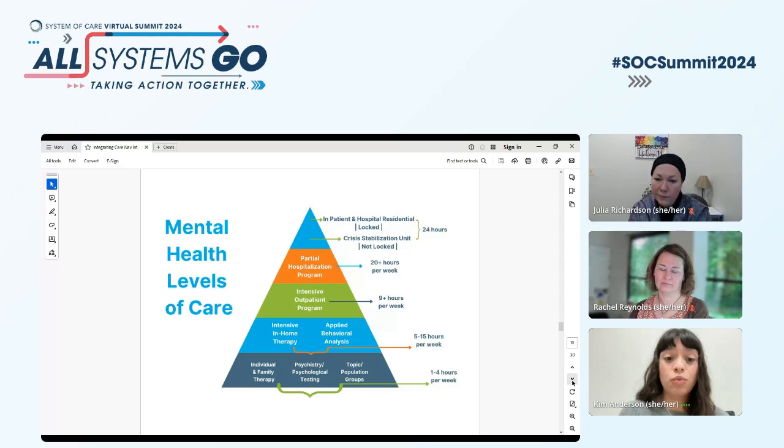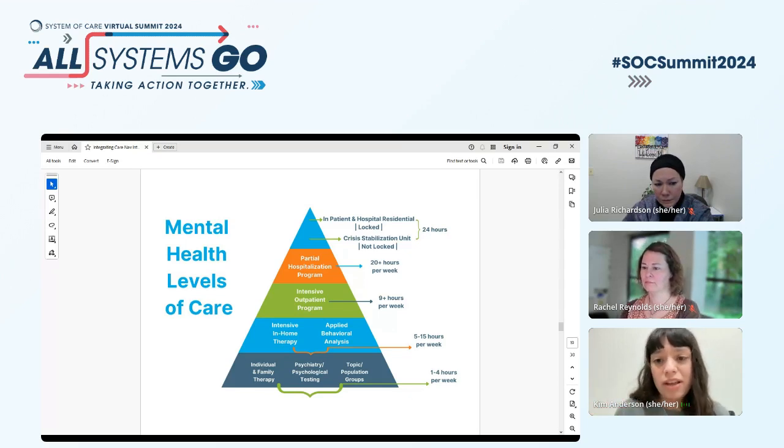Another thing is that as we have these levels, each state and locality has different requirements for care. So for example, intensive in-home in the state of Virginia, you have to be at risk of being displaced. What does that mean? That can mean many different things. But if I'm talking to a family and they need intensive in-home, it's my role as a care navigator to make sure that they're able to adequately communicate that to the intake coordinator when they call, because sometimes they'll call and get an assessment, and someone says, oh, maybe you don't qualify for this.